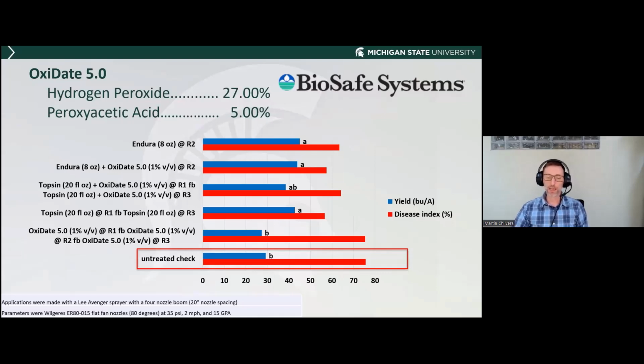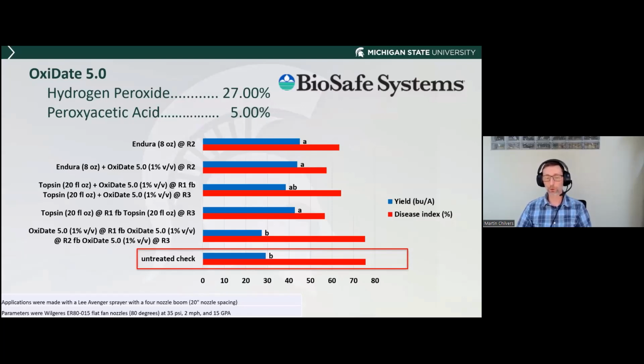And in this trial, unfortunately, even 2 doses of that Oxidate, actually 3 doses, excuse me, at R1, beginning of flowering, R2, full flower, and R3, beginning of pod set, was no different to our untreated check. We do know that this product can provide disease suppression in other systems. I just think for white mold in soybeans or maybe dry beans, it's a bit of an ask for this product to do a great deal.